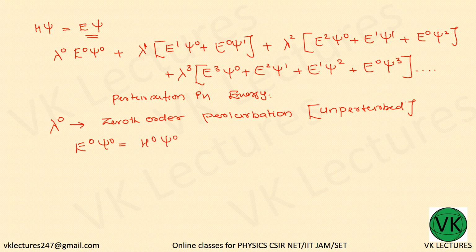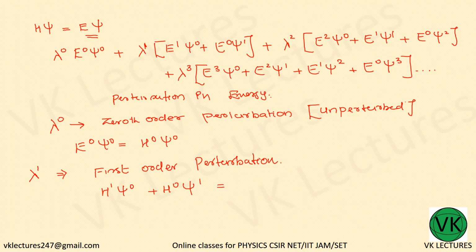Now for lambda power 1, this implies the first order perturbation: H1 psi naught plus H naught psi 1 equal to E1 psi naught plus E naught psi 1.